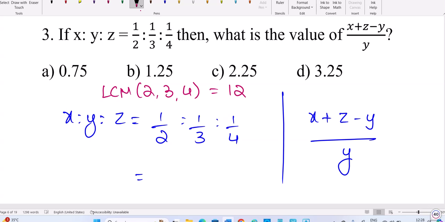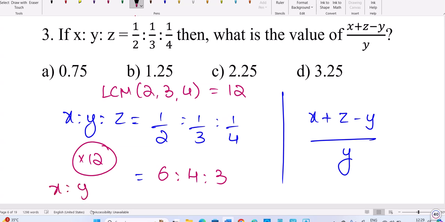If you multiply every term by 12, you don't write every step in the exam, maybe here in notes for reference. In the exam you think: 12 divided by 2 is 6, 12 divided by 3 is 4, 12 divided by 4 is 3. So x is to y is to z is 6, 4 and 3.